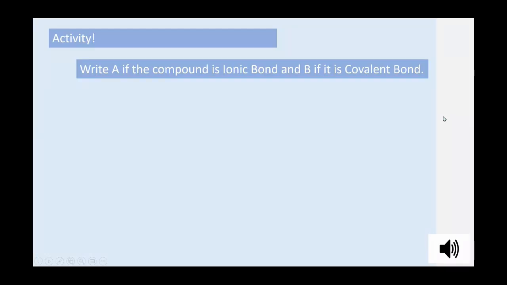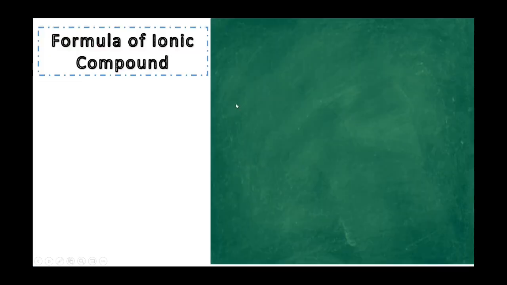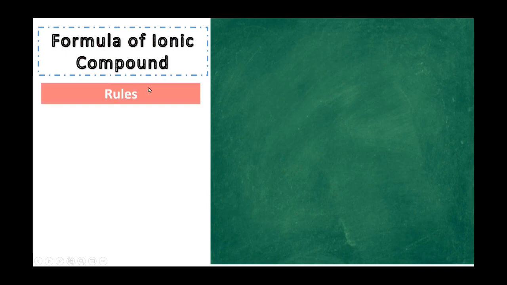Okay, before we go and name and create formulas, let's identify this one first. We know what is ionic bonding, and now we know what an ionic compound is. So it is between metals and nonmetals.